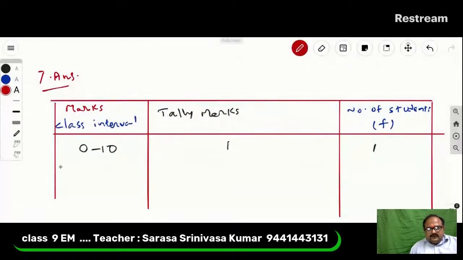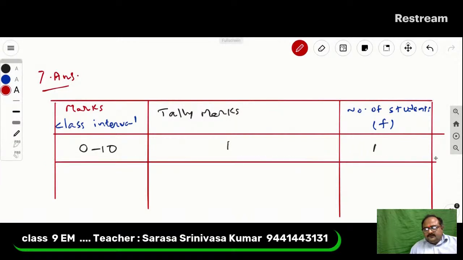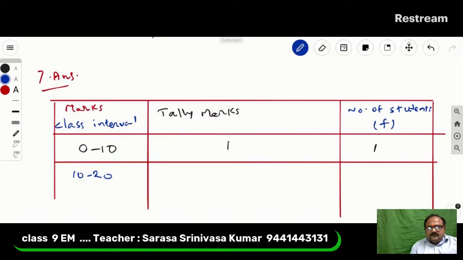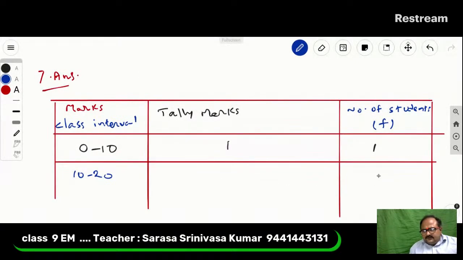Now we write the frequency of the second class interval, 10 to 20. It is 4. So we write tally marks 1, 2, 3, 4.